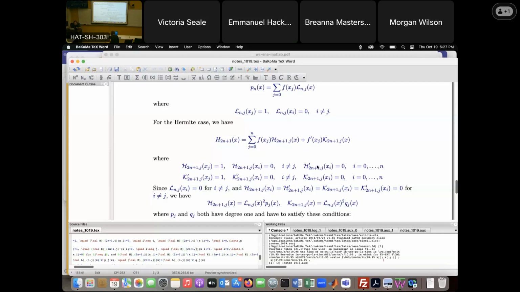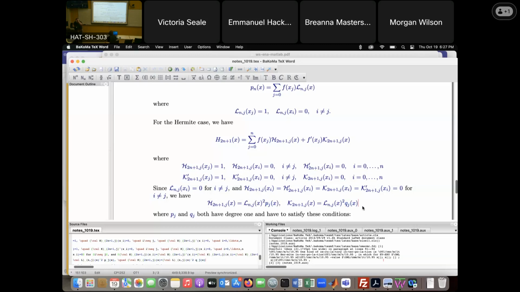Now, how many conditions have I satisfied? Lagrange polynomial squared is of degree 2n. These polynomials, the fancy h's and fancy k's, are of degree 2n plus 1. So what remains in the factorization are polynomials of degree 1.